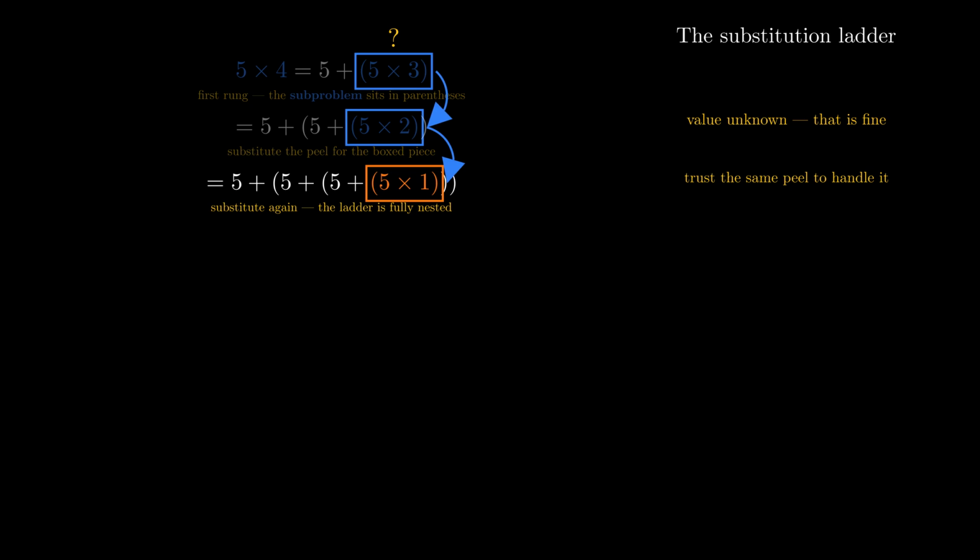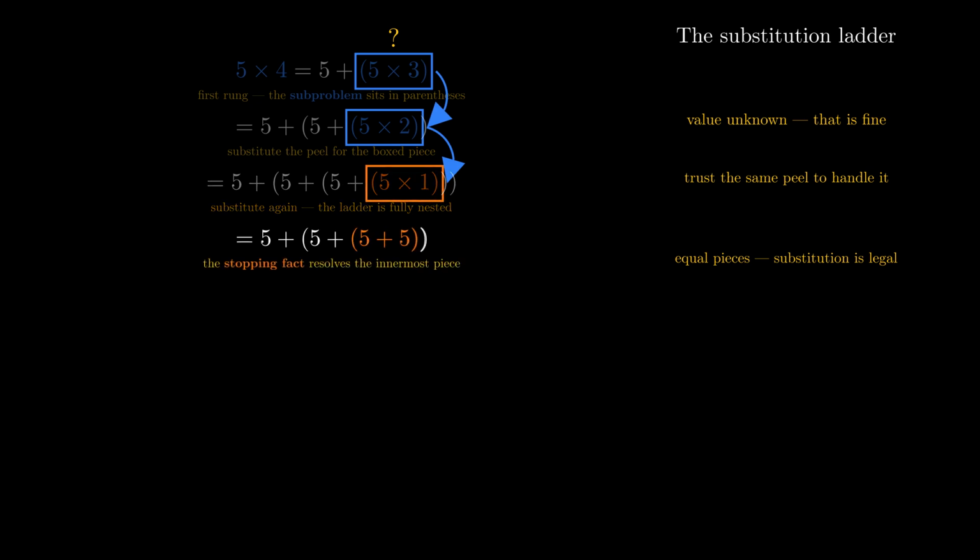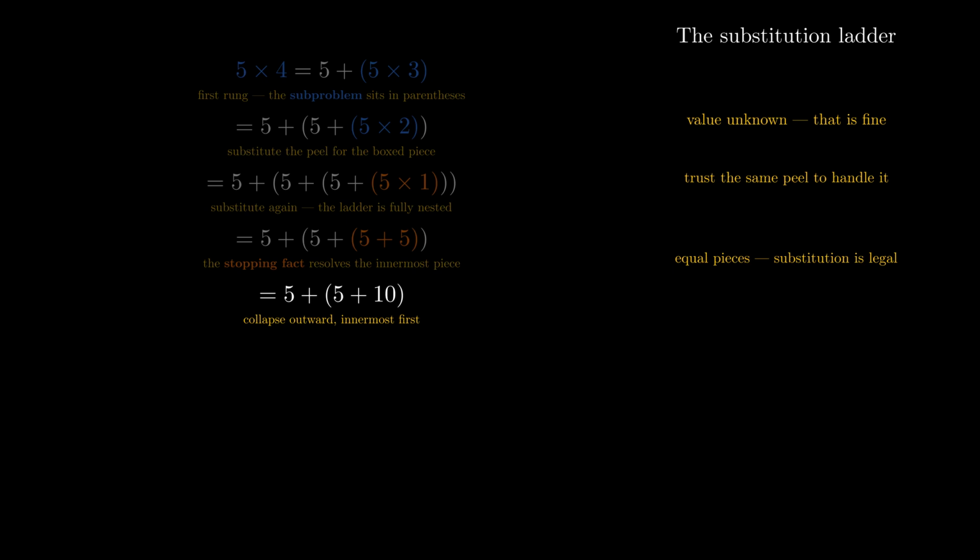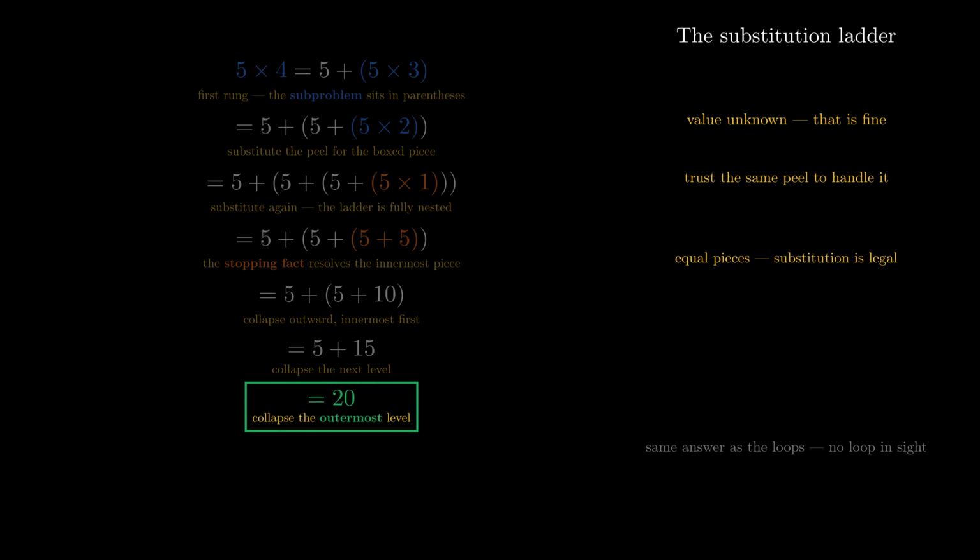Each replacement is legal because the two sides are genuinely equal. The boxed piece on one line is exactly what the next line expands. Now the innermost problem is 5 times 1, which we know is 5. The additions collapse outward. 5 plus 5 is 10, plus 5 is 15, plus 5 is 20. 20, the same answer the loops produced, with no loop anywhere in sight.